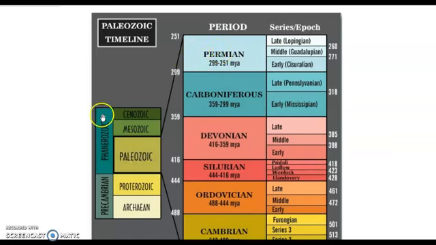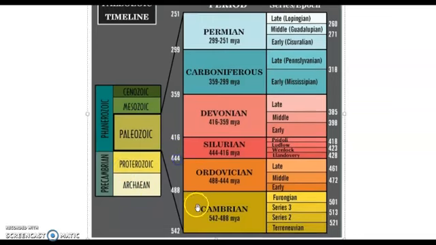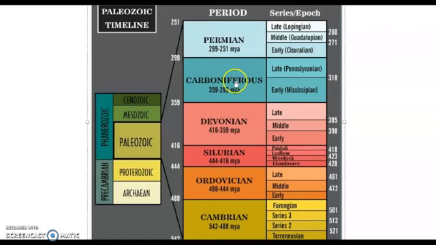I've already made videos on Archean and Proterozoic history, and also on the Cambrian, Ordovician, Silurian, Devonian, and Carboniferous periods, where I discussed thoroughly all the important events. The Permian spans from 299 to 251 million years, and it is divided into three series: early, middle, and late, and all have their respective names.